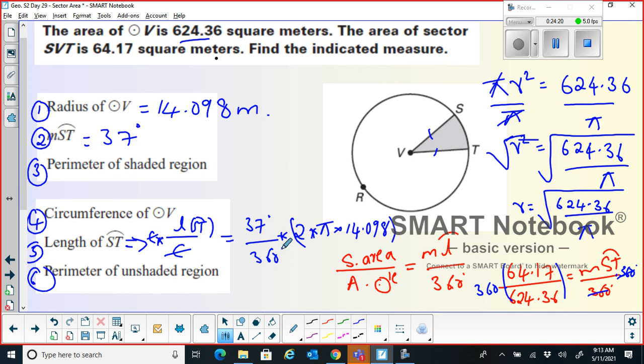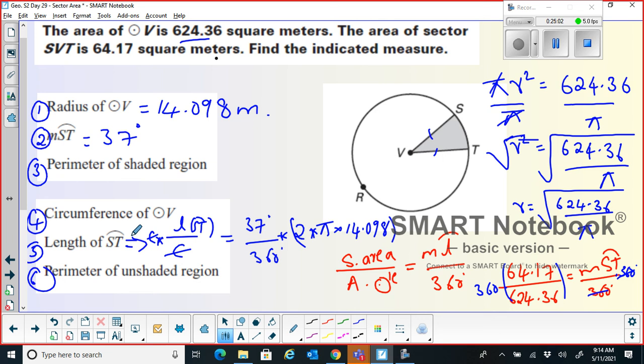So if I do this, I'll get the length of the arc ST. So let's simplify this. 37 divided by 360 times, in another parenthesis I'll write 2 times pi times the radius, which is 14.098.